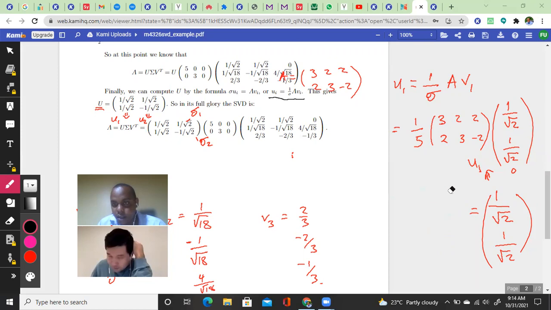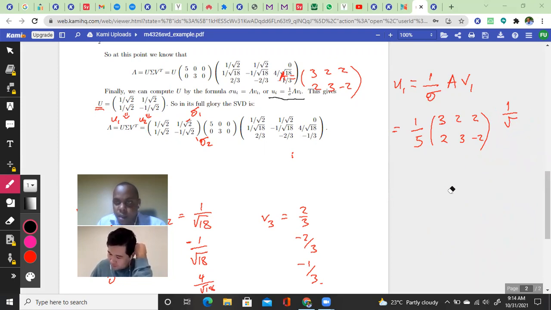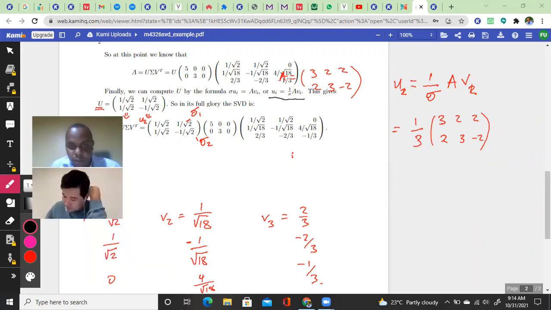Now I'll try to do it by myself. 1 over 3, 3, 2, 2, 2, 3, negative 2 times 1 over root 18, negative 1 over root 18, 4 over square root 18.